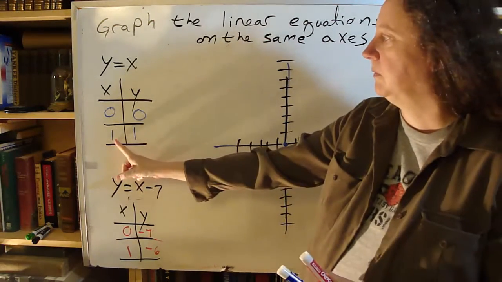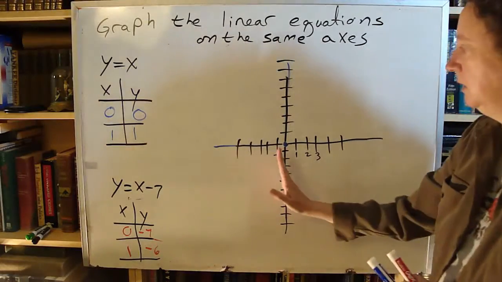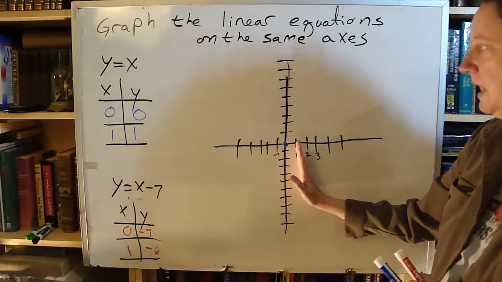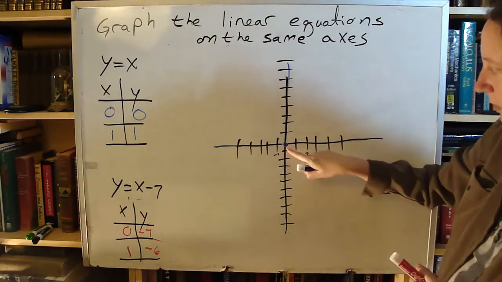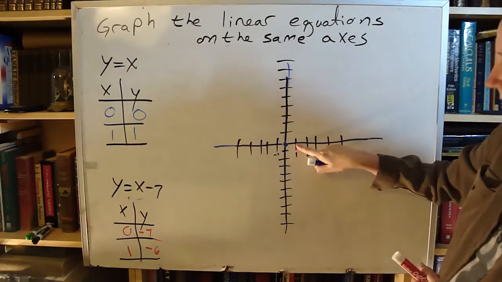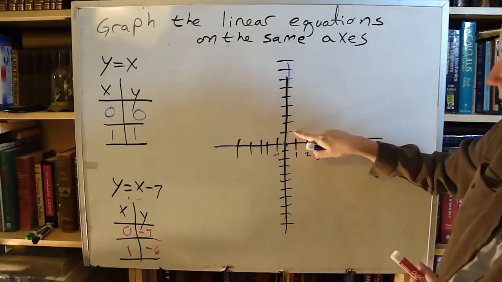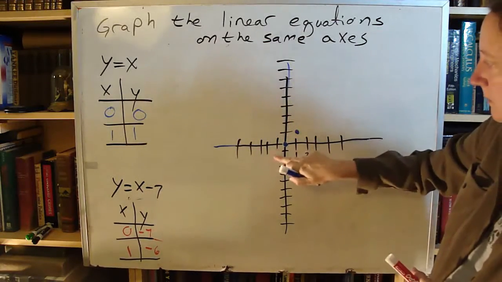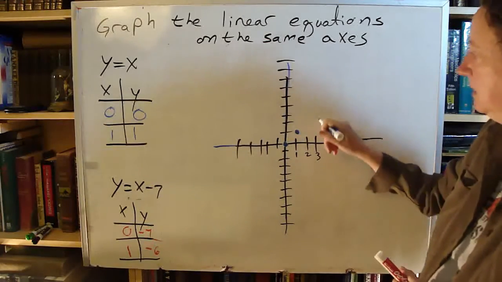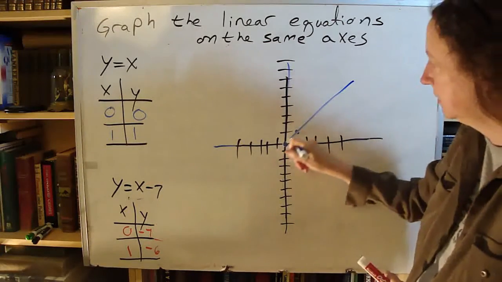Second dot, 1, 1. So I go positive 1 for the x, and up 1 for the y, and I put my dot. Draw my line, connect the dots.